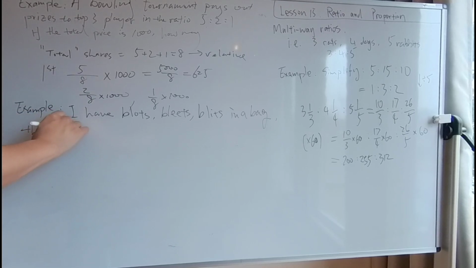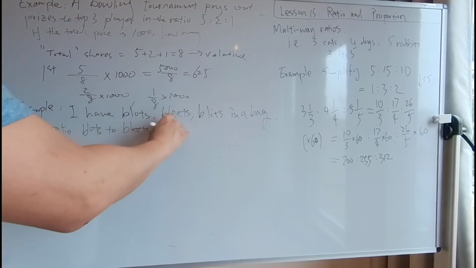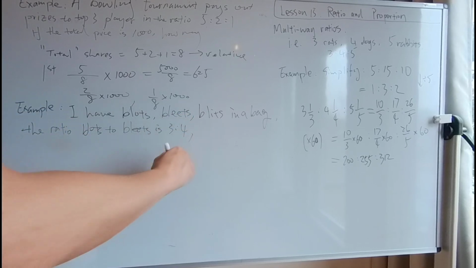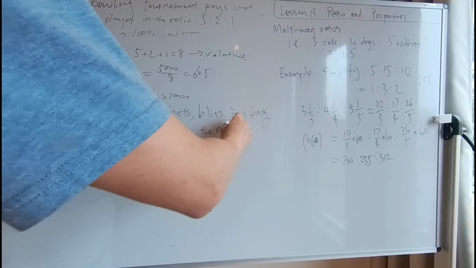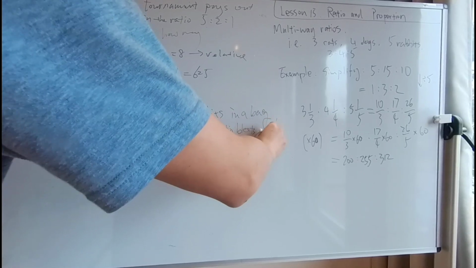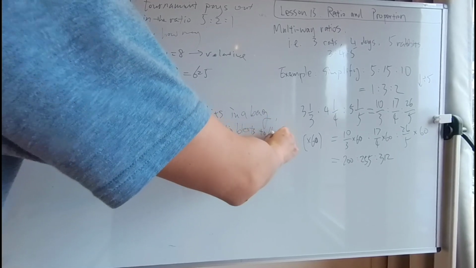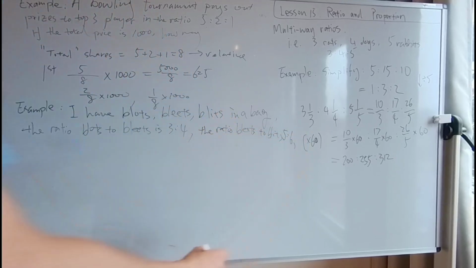The ratio of blots to bleeds is 3 over 4, and the ratio of bleeds to blits is 5 over 6.